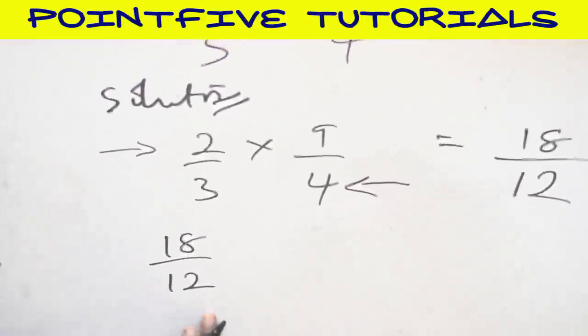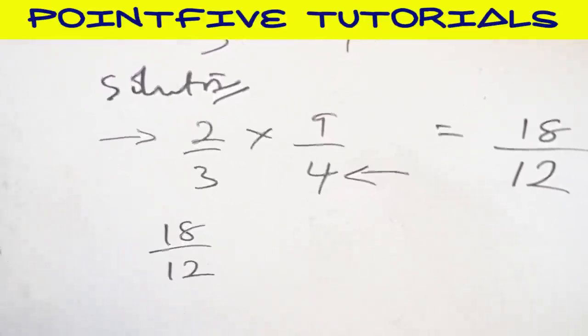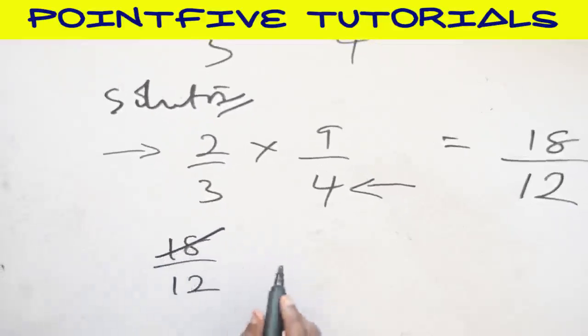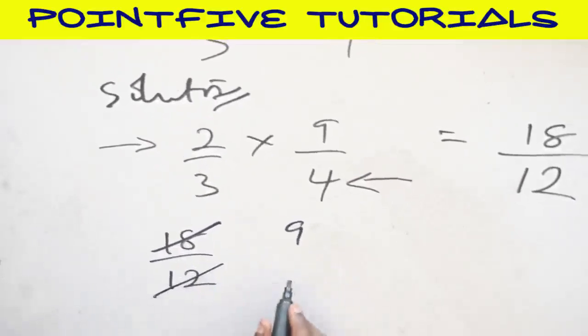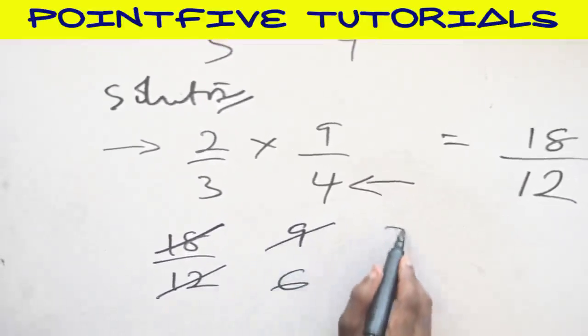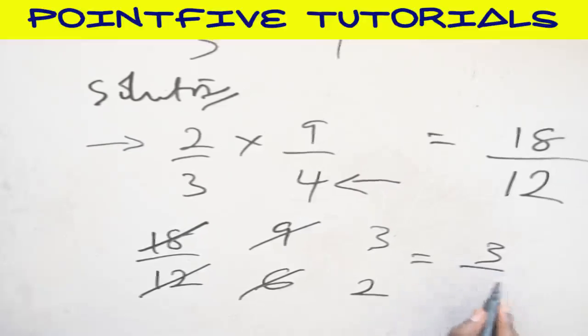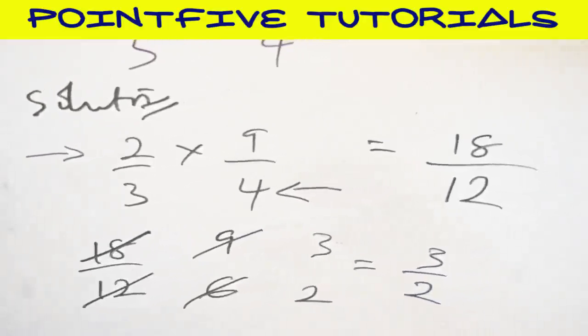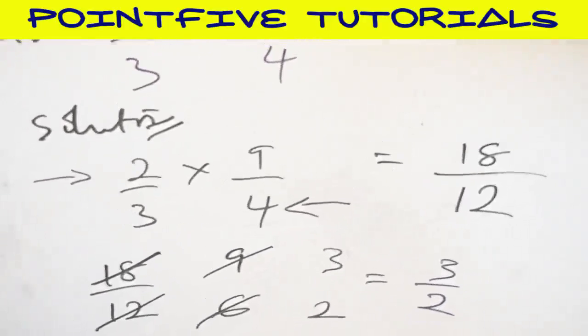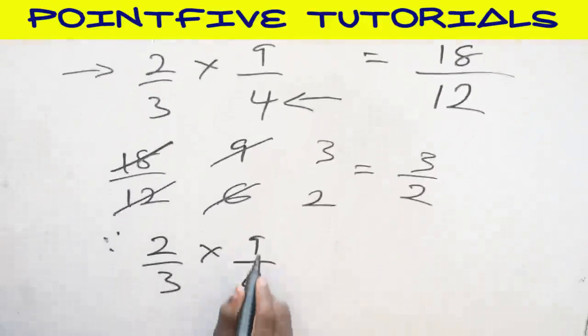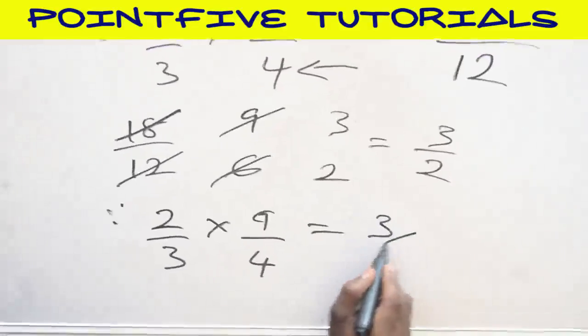So in reduction of fractions, we reduce the fraction if it is reducible. Now 2 can go here, 9; 2 can go here, 6; 3 can go here, 3; 3 can go here, 2. Nothing can go again, we have 3 over 2. It simply means that 2 over 3 multiplied by 9 over 4 gives us nothing but 3 over 2.